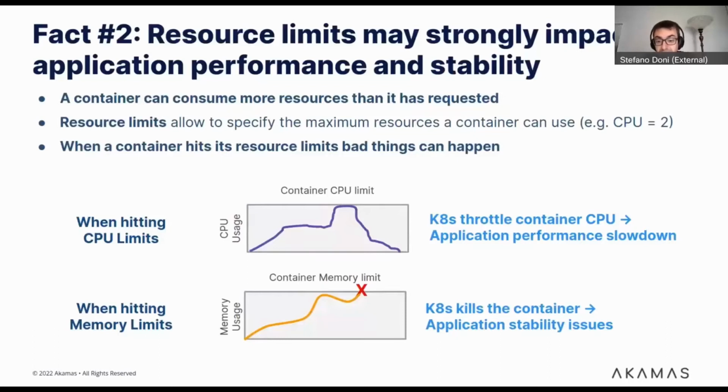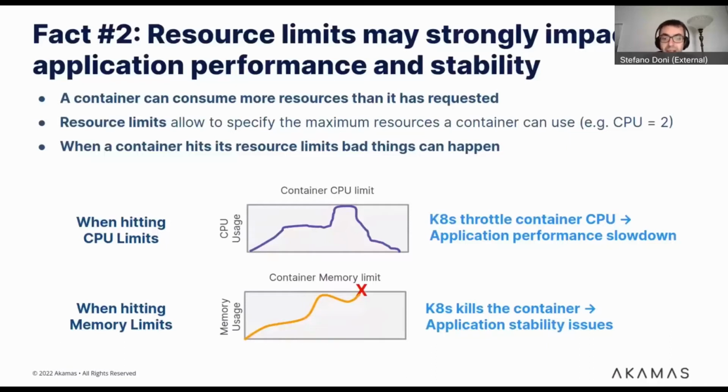So basically, again, that's counterintuitive or unexpected if we think about the virtualization world, or traditional operating system memory management, where this kind of situation is treated with a swapping mechanism. So the application will slow down, but it will still be alive, depending on the severity of the situation, of course.